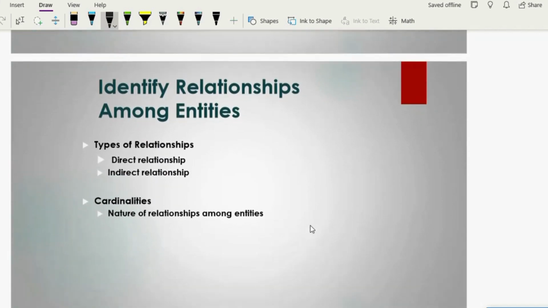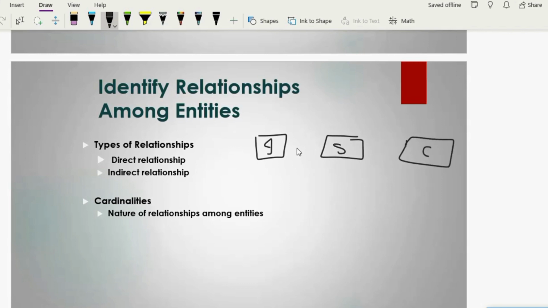Then we have to identify the relationships among these entities. The entities, which we just saw, are REA. We have different types of relationships among these entities. We can create direct relationships, and we can create indirect relationships. Let's suppose the relationship between a sale and the inventory, because you are doing a sale to a customer.